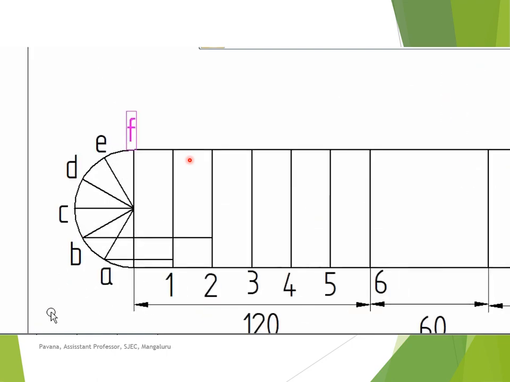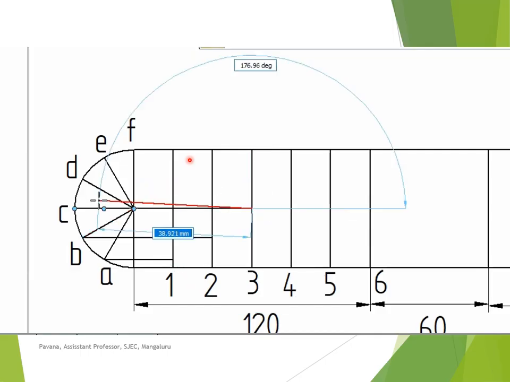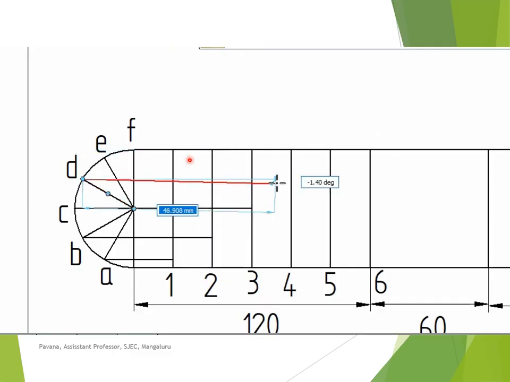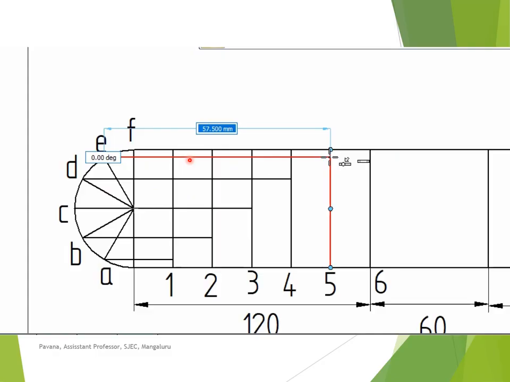So it looks like this. From A, draw a line to 1, from B to 2, C to 3, D to 4, E to 5, and last F to 6.